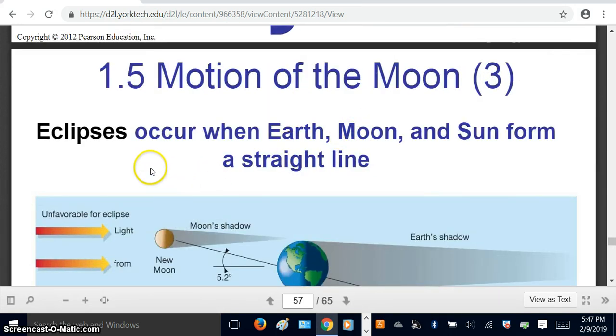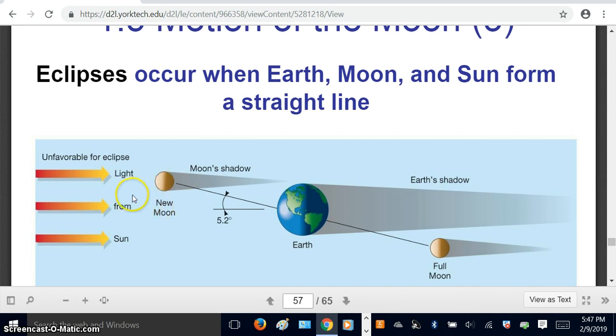This slide is showing us why eclipses do not occur, and this is actually really nice to see. So let's say it's a new moon. There's that tilt of around 5 degrees. And so usually the moon's shadow, which is of course always there, does not hit the Earth. And similarly, when there's a full moon, the moon is not in the Earth's shadow because of this tilt.